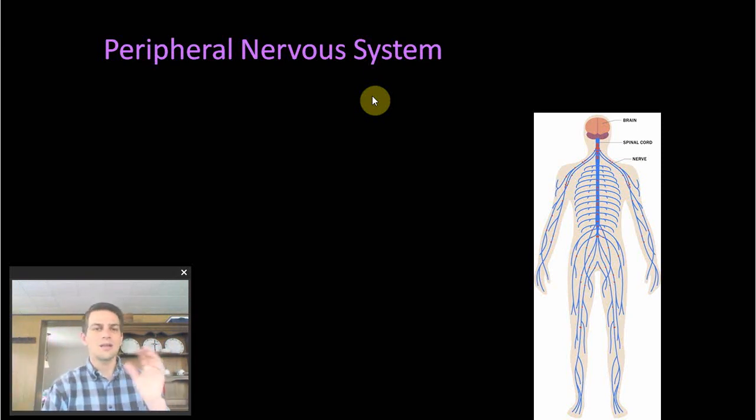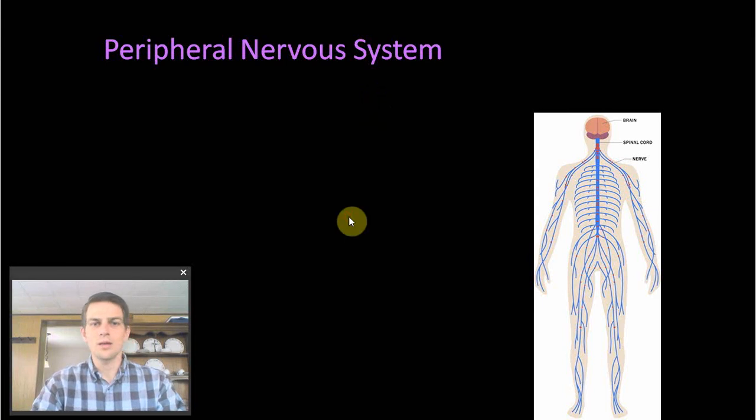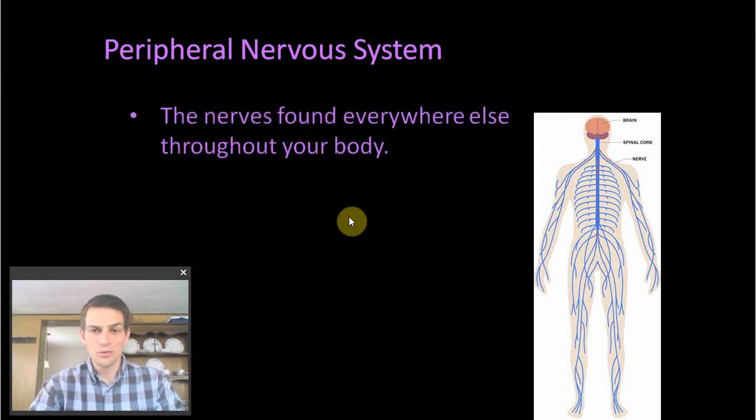So peripheral means kind of on the side, on the outside. The central nervous system is in the center, and the peripheral nervous system is everything else on the outside. So the peripheral nervous system is basically everything that is not your central nervous system, the nerves found everywhere else throughout your body.